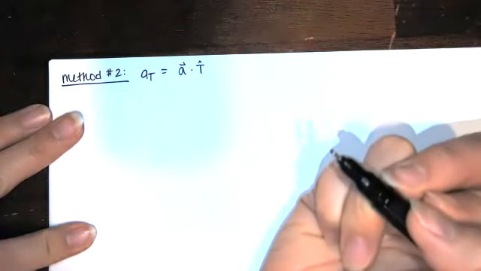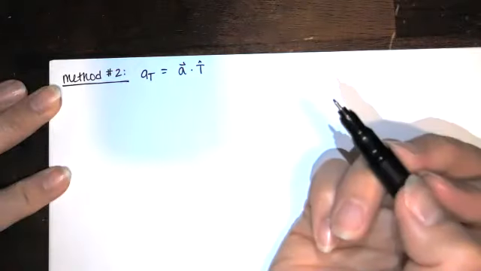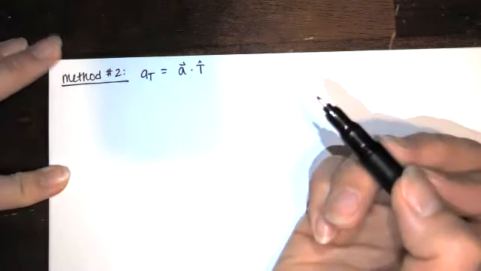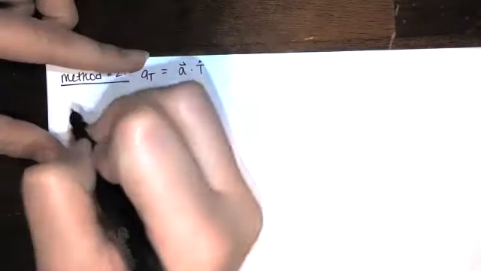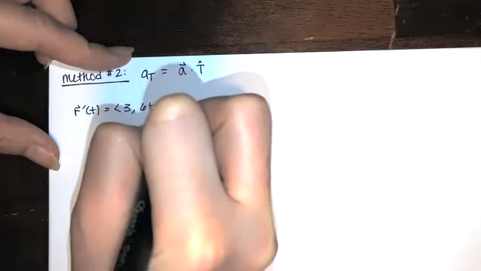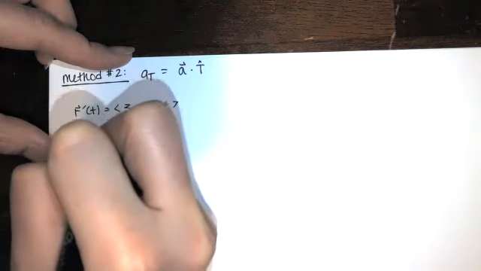A sub t is just the signed projection of the acceleration vector onto the unit tangent vector. So if you find acceleration, you find the unit tangent, you compute the dot product, that's going to be your a sub t. And that's not too difficult to do because we've already computed r prime, it was this, and we've already computed the speed, the magnitude of r prime, it was this.